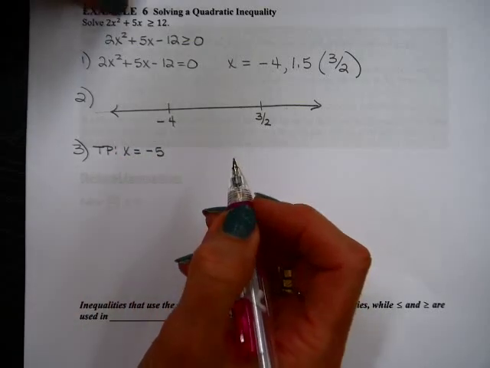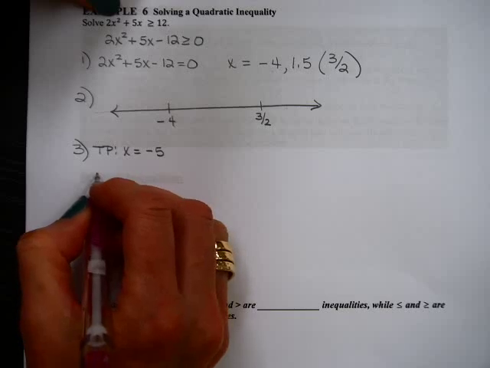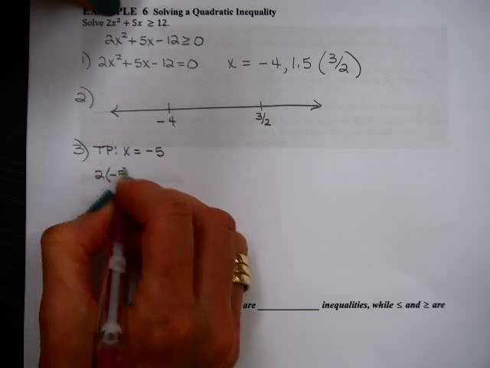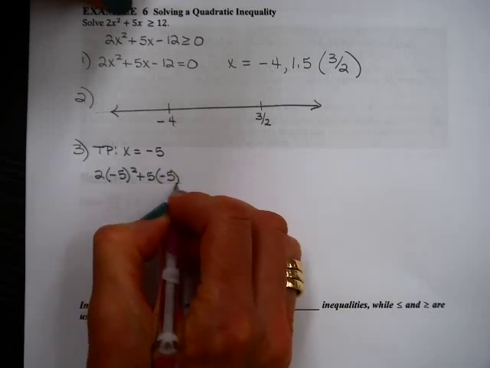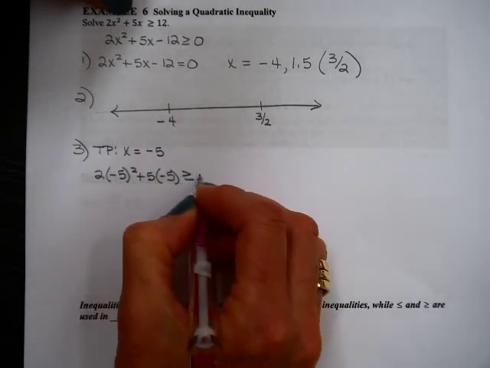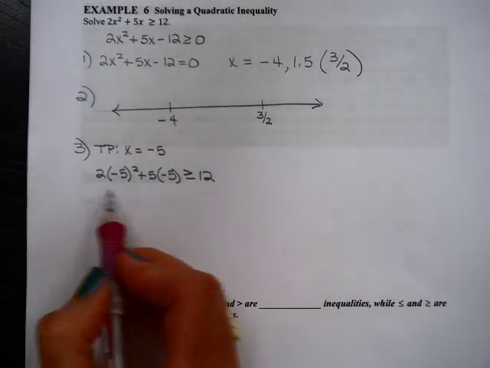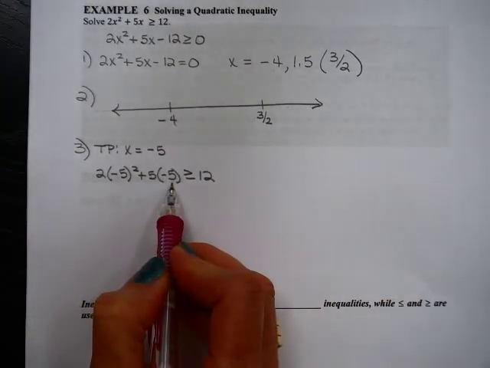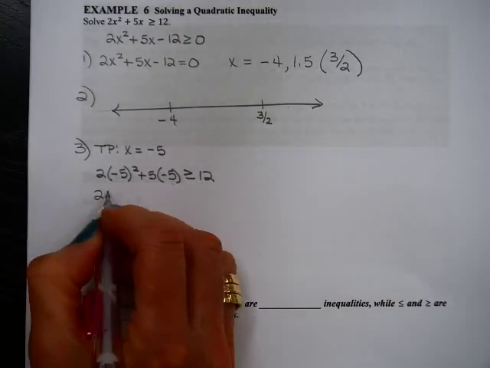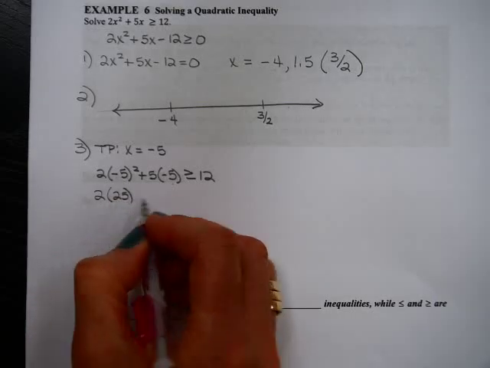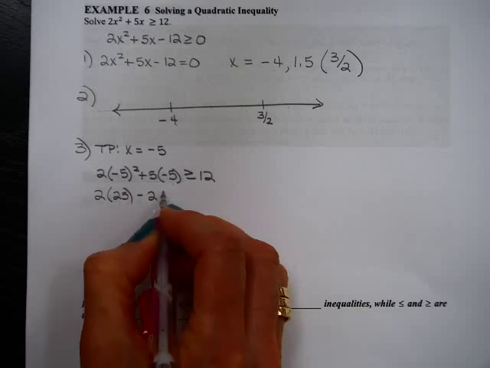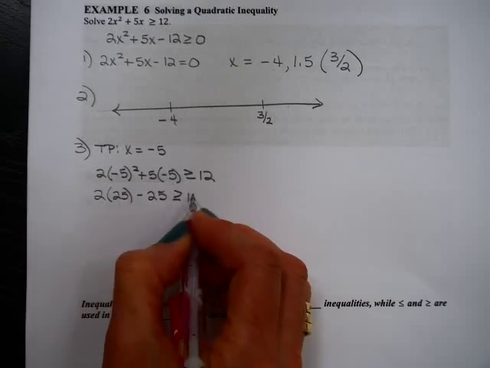And let's put it back in our original problem and test it. 2 times negative 5 squared plus 5 times negative 5. Is that bigger than or equal to 12? Well, you can put this in your calculator, or you can calculate it by hand, but this is 2 times 25 minus 25.